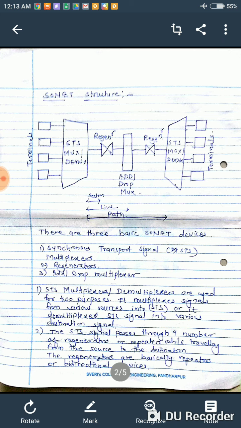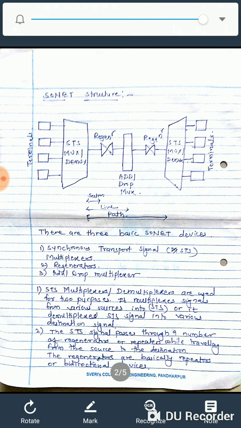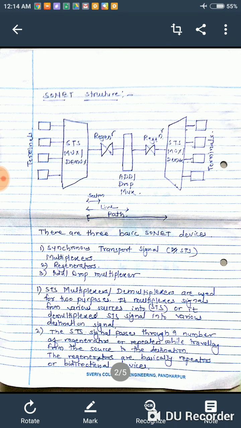So if multiple stations are there on the transmitting side, this STS mux acts as a multiplexer. It combines the different signals and transmits them along a single channel. Then the STS signal passes through a number of regenerators or repeaters while traveling from the source to the destination.